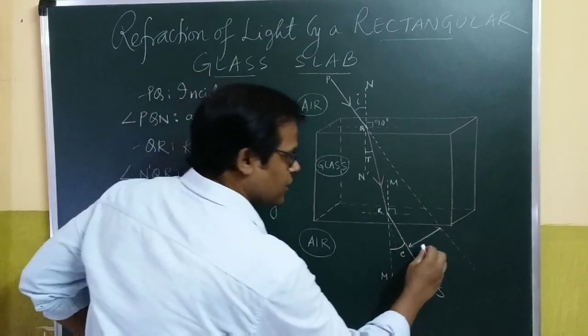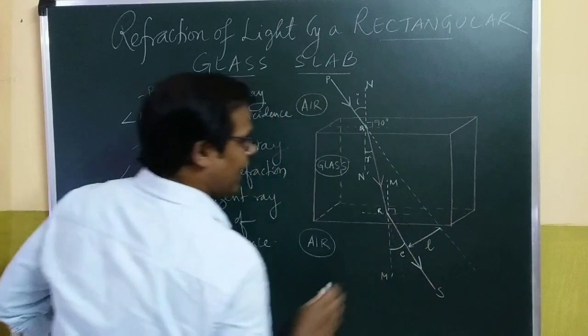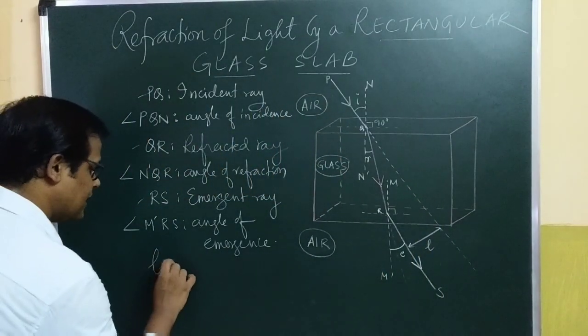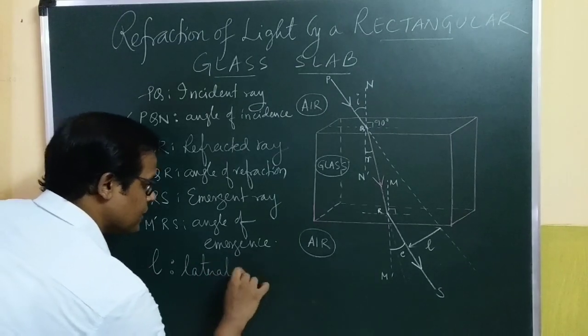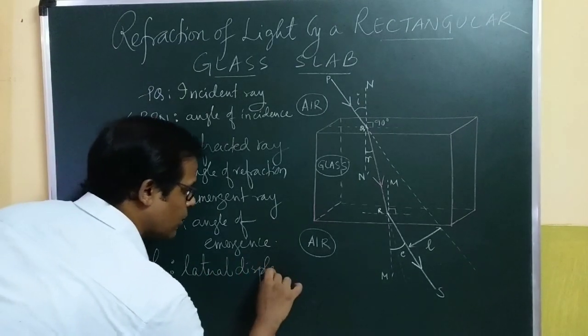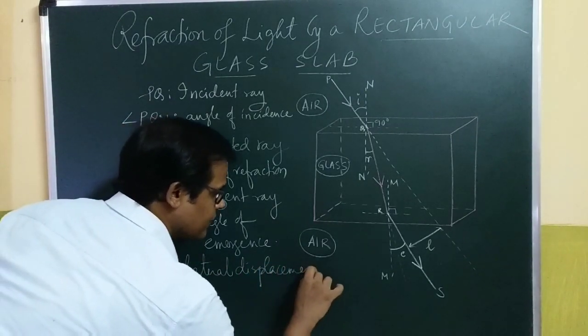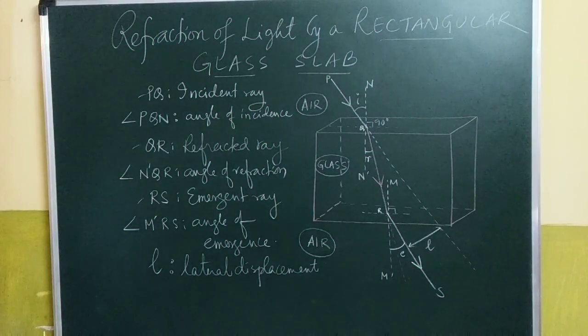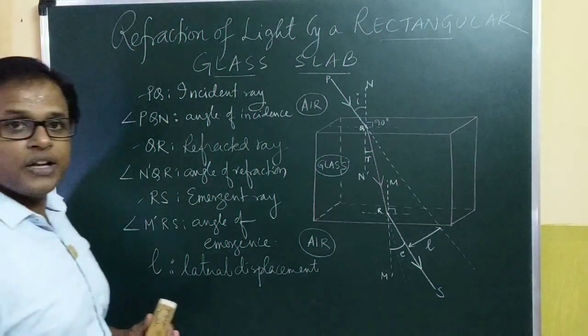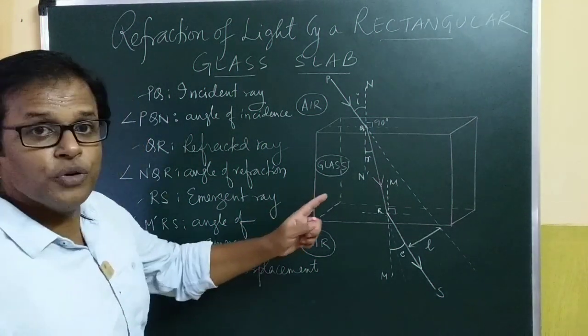So this direction, which I denote by small l in the diagram, refers to lateral displacement. So we will talk about each and every part of this diagram in detail. First of all, you please note down this 3D visualized diagram. Alright, if you are done with it, then I can move forward.